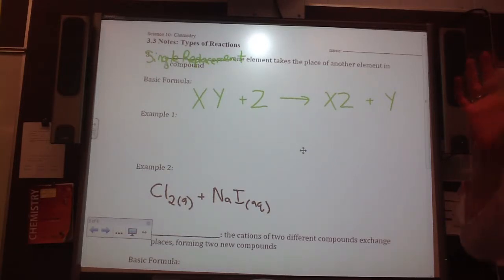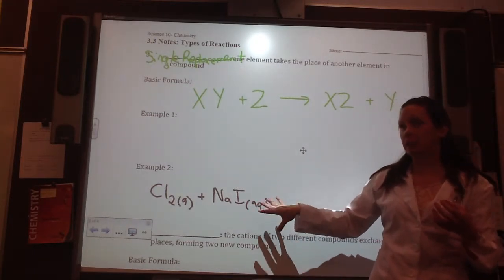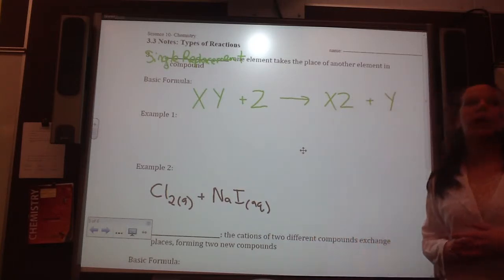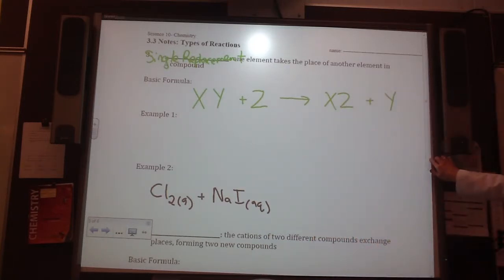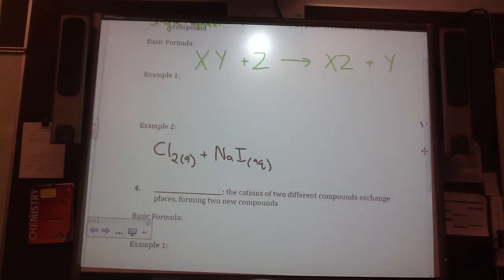Right. When we write aqueous, we're assuming that we dissolved it in water, and that's implying that water is involved. Does it have to be water? It can be any liquid. It has to be water. But we don't write it. Carson, you asked a good question about actually writing water in, because water wouldn't be involved in the reaction. Water isn't a part of this reaction.